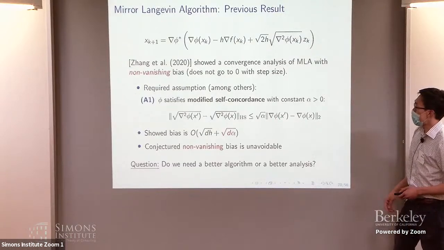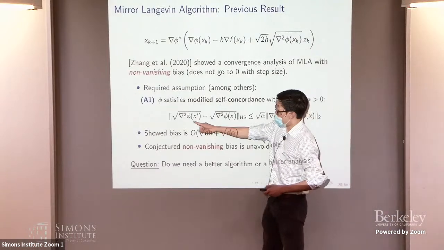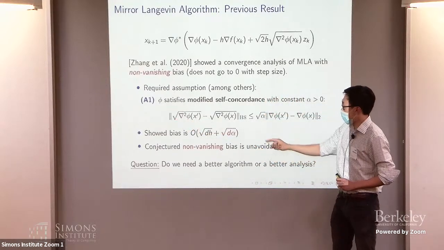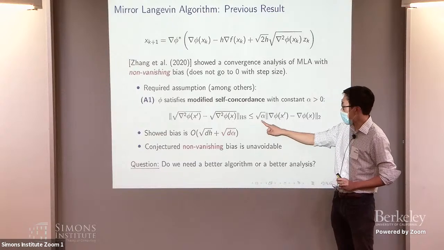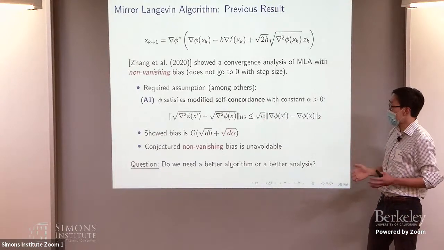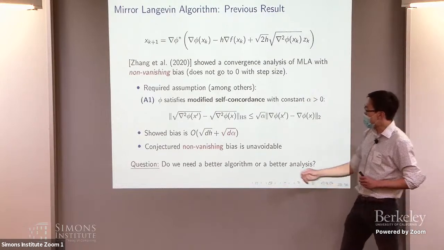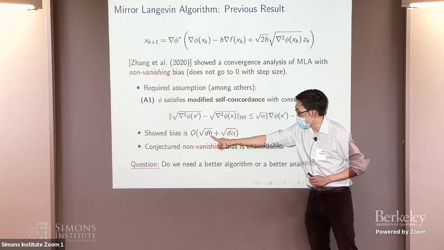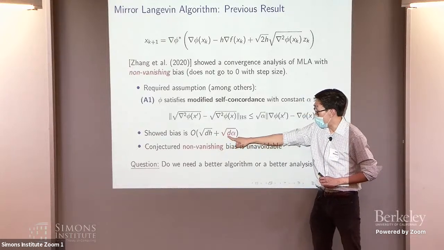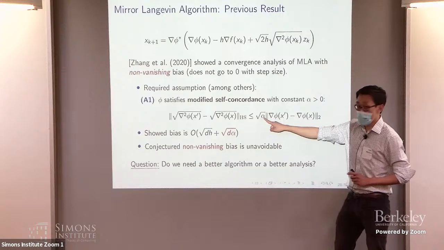The assumption is that the square root matrix of this Hessian is Lipschitz in the Hilbert-Schmidt norm with some parameter alpha. Essentially, the bias of the algorithm scales as something that goes to zero with step size, plus an asymptotic term that depends on d, the dimension, and alpha.